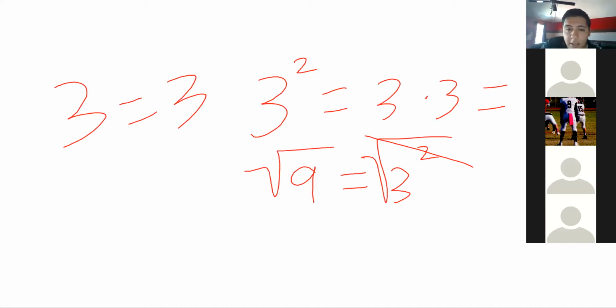So in other words, when we say 3 squared, that's 3 times 3, right? But when we want to go back to 3, we have to take the square root of 9. Okay, that is the opposite operation, and that's what we're trying to talk about. The square root is just the opposite operation of 3 squared, okay? And if you're a little bit confused, just hold on for a second. We're going to go back to it, okay?